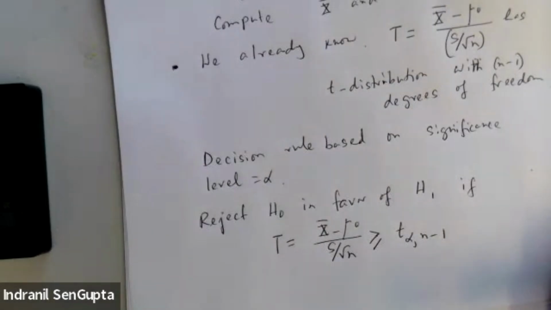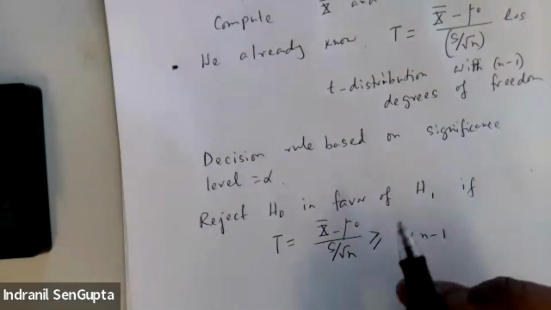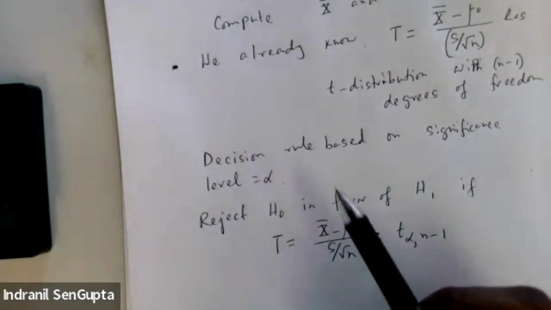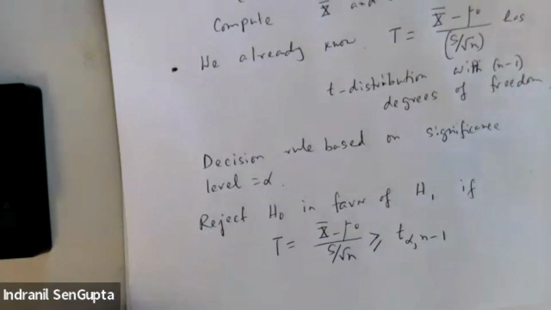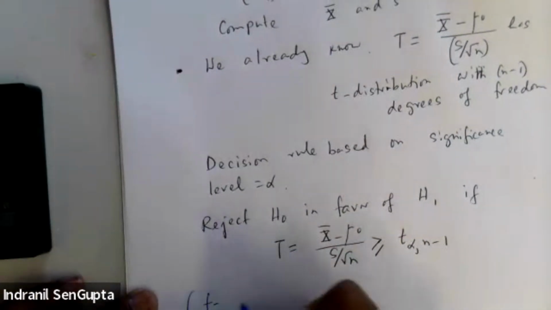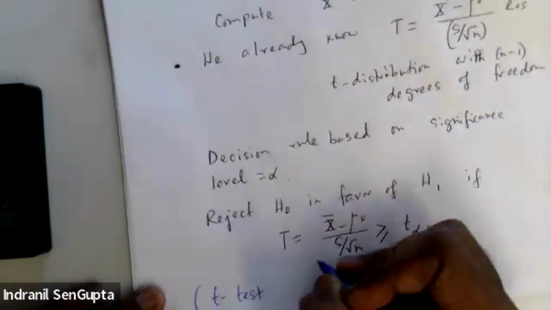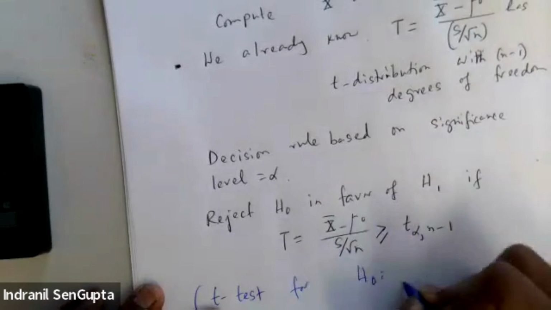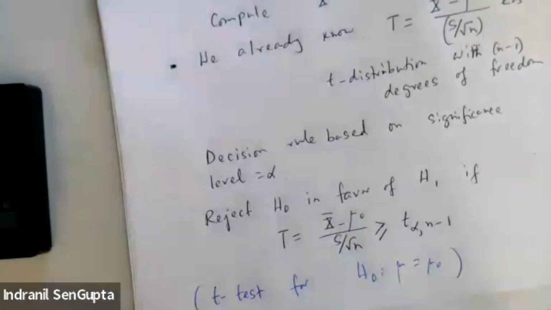And that's it. So this is the t-test for the null hypothesis H0, which is mu equals mu 0.